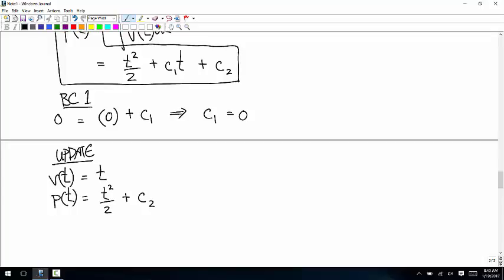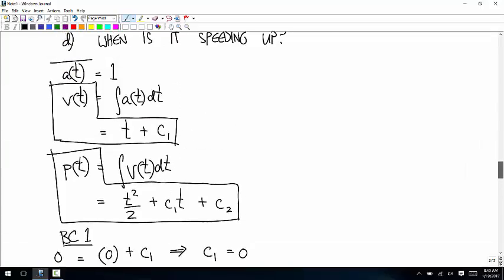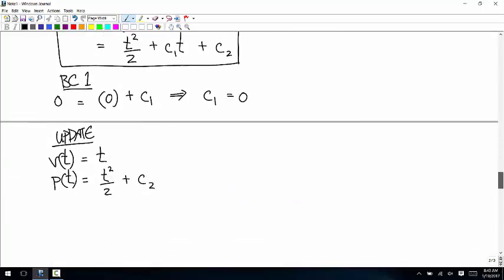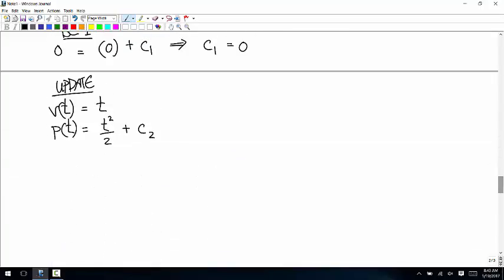And now I'm going to use boundary condition 2 that says when time is equal to 1, position is equal to 5. So the position of 5 is equal to 1 squared over 2 plus c2.